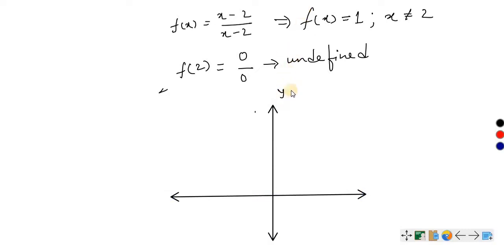And let this be 1. Let this be 2. So in this way I have drawn. If I draw the curve for this function, it will look something like this. I'll take the help of the lines only.